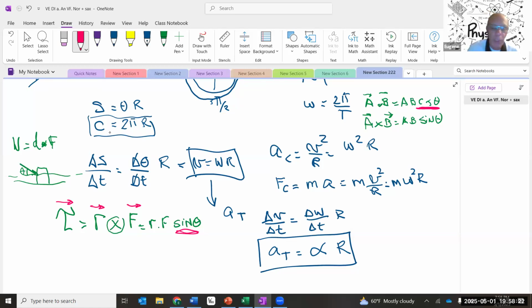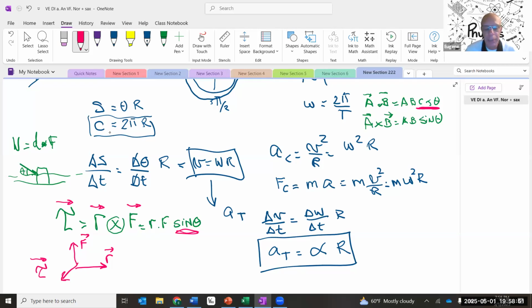That direction is going to be always perpendicular, right? I have, let's say, R this way. I have force this way, and the torque is going to be perpendicular to the plane of R and F. So R and F are in the same plane, but torque is perpendicular to that plane, okay?